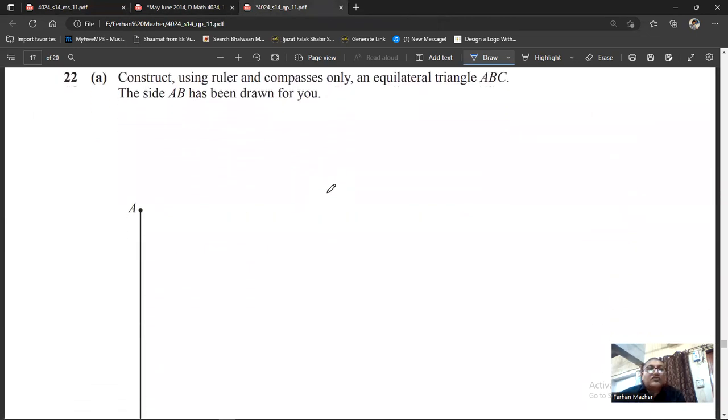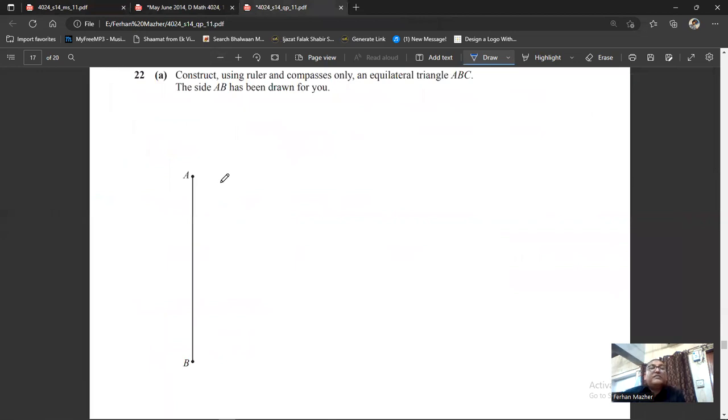Question number 22A part: construct using ruler and compass only an equilateral triangle ABC. The side AB has been drawn for you. You see the equilateral triangle, the three sides are equal. So take a compass and open your compass to AB, put the compass here, draw an arc here, and put the compass on B, keep it the same, and draw an arc here.